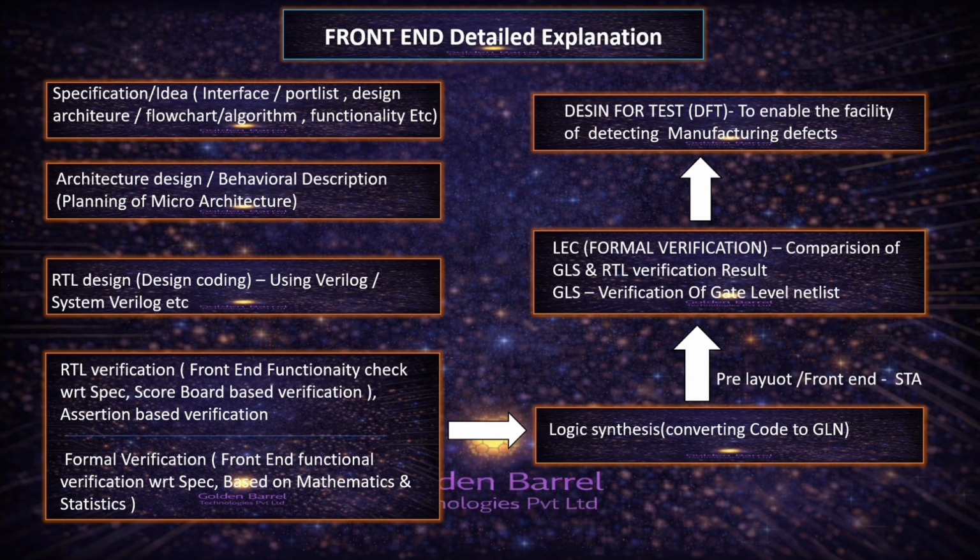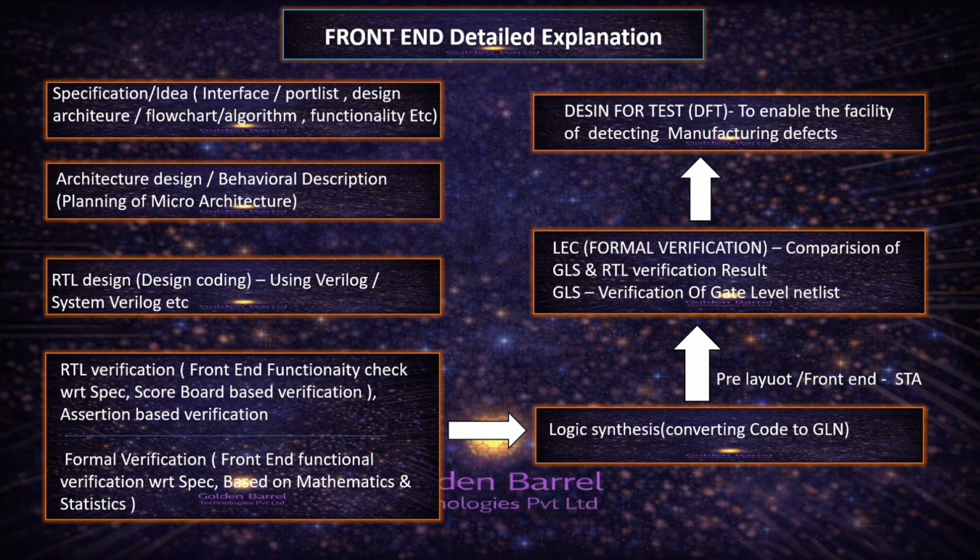Here, front-end functional verification will happen like a mixed verification. It can be scoreboard based and assertion based verification. To verify the design functionality, there is another approach, formal verification. This is also with respect to the spec only, but it is mostly mathematics and statistics based.